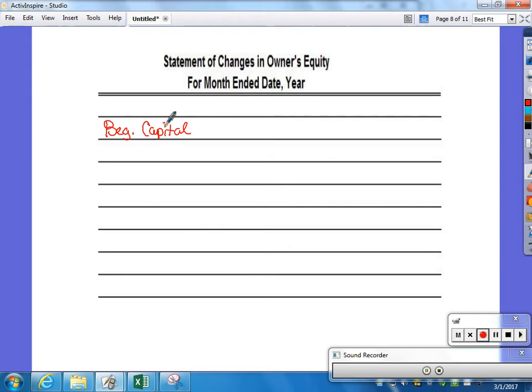Beginning capital is going to be what amount? 50,000. Oh, capital, zero. What's next? Add what? Investments. How much were investments?